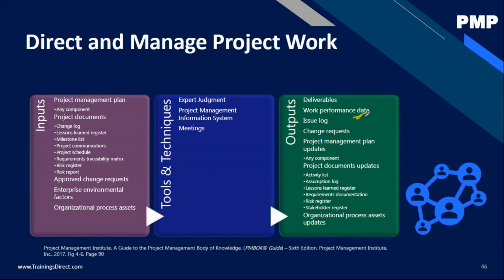And these are basically the status provided by the people. They might say, I have actually used so much money. I spent so much time. So let's see an example of that. It's basically ongoing information about the work progress.